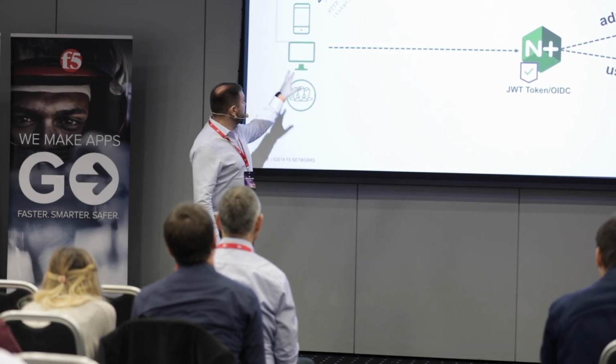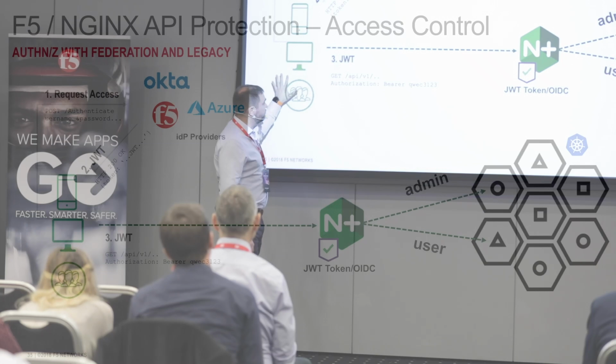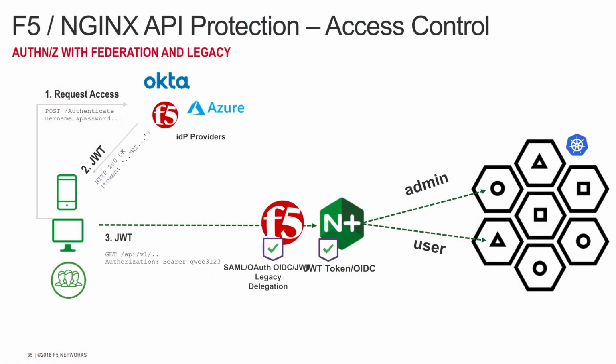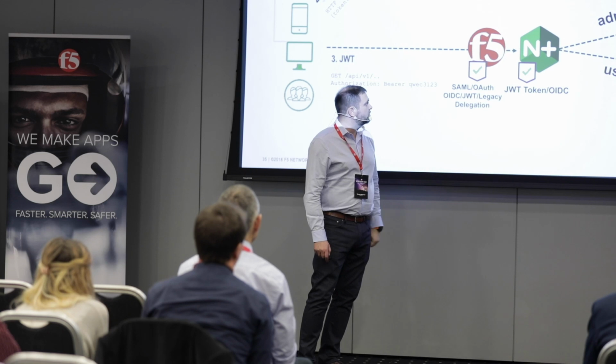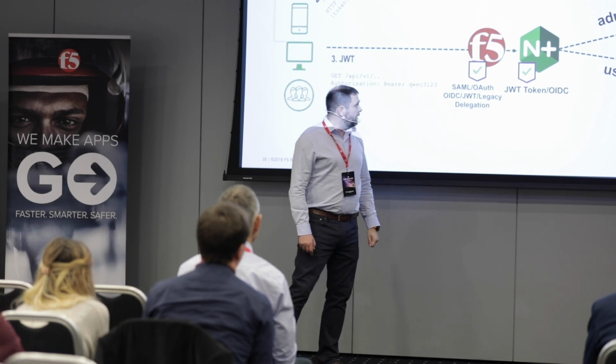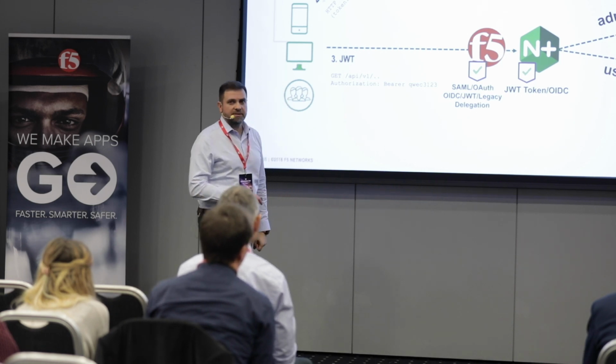In this JWT token, there will be information about this guy, about his credentials, and whenever we see this JWT token, we can configure on F5, or you can also configure the OAuth profile on NGINX Plus. It's up to you.